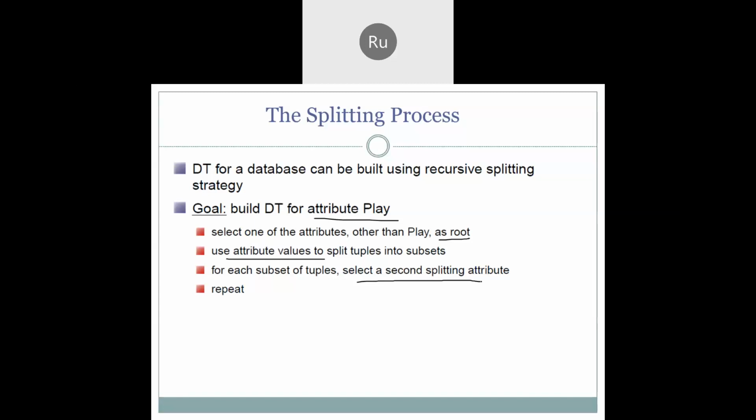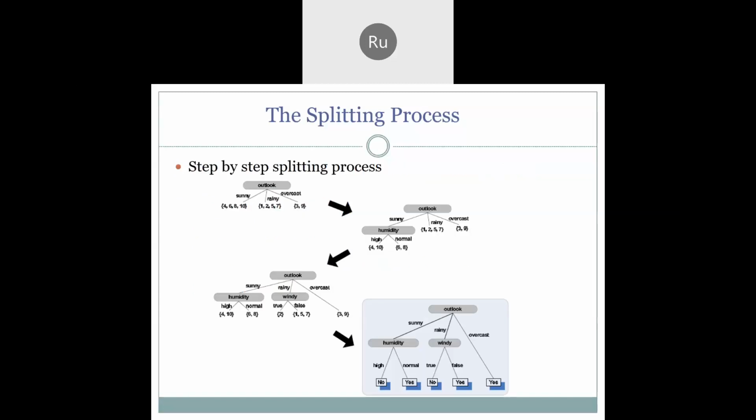Okay. So for example, for the overcast, we will divide them based on three values, and then further from here we pick another one here again, and then we split them into two, and finally we get this.